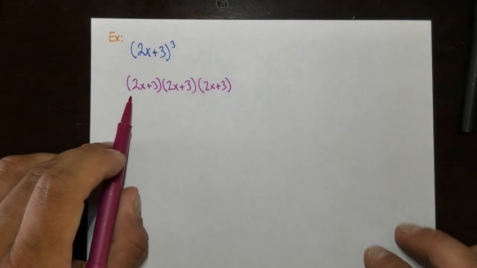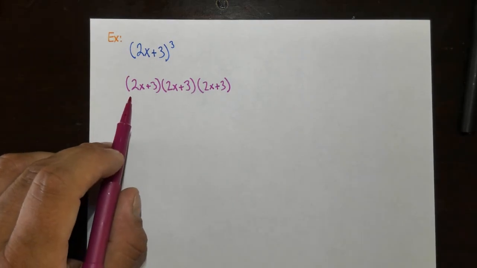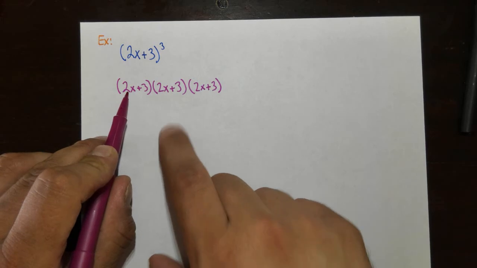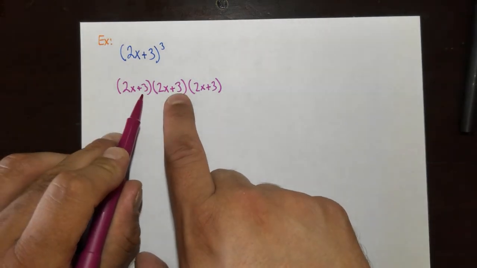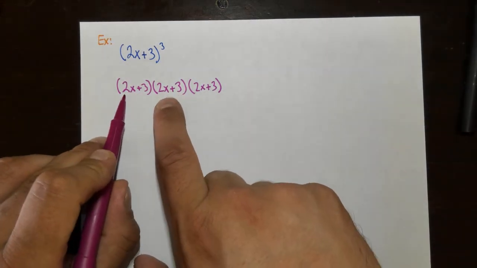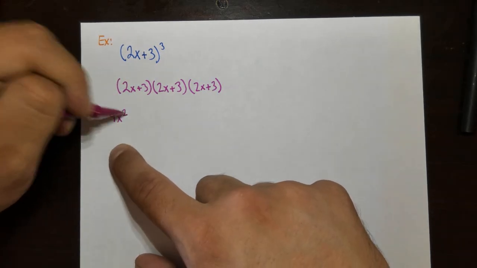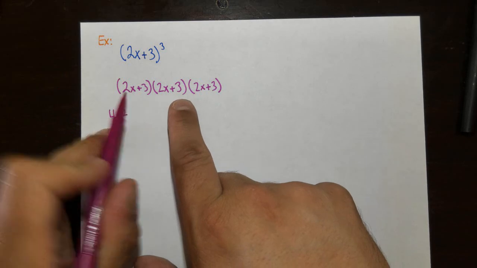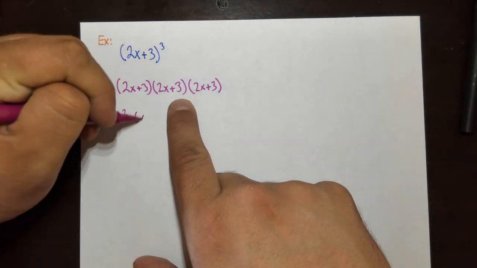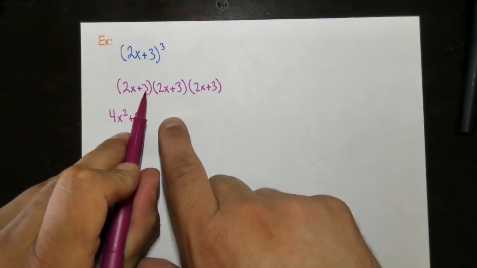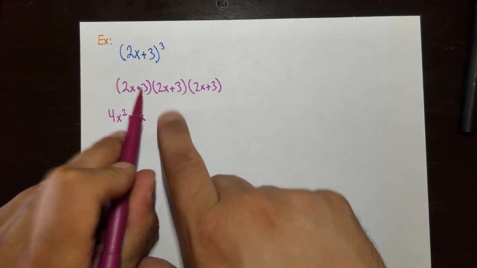So here we're going to FOIL it. So multiply the 2x to both of these, and multiply the 3 to both of these. So 2x times 2x is 4x squared. 2x times 3 is 6x. And then 3 times 2x is 6x.